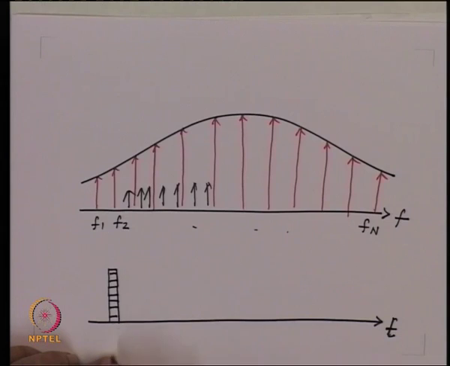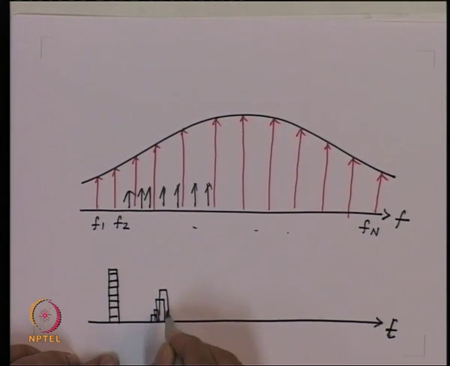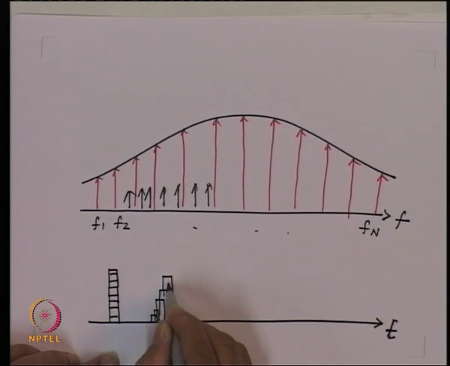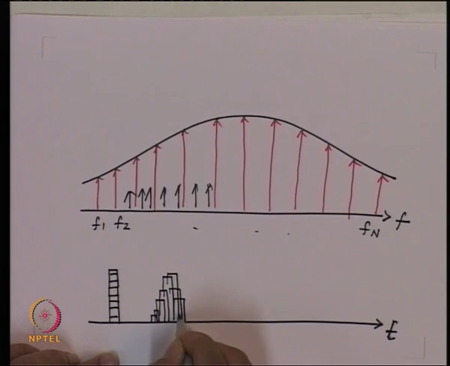So if I go a certain distance, you will see that the pulse now will be separated a little bit, like this, where this Fn has reached here and this is F1.